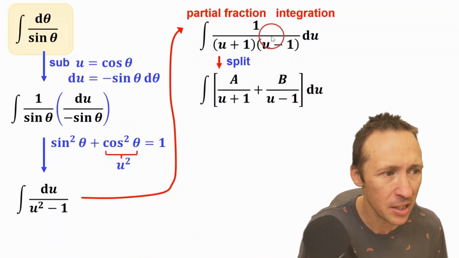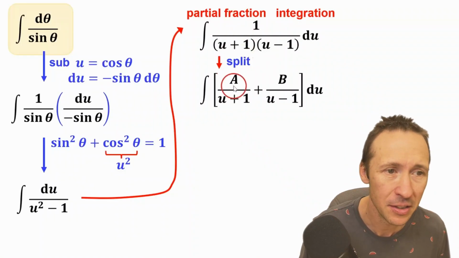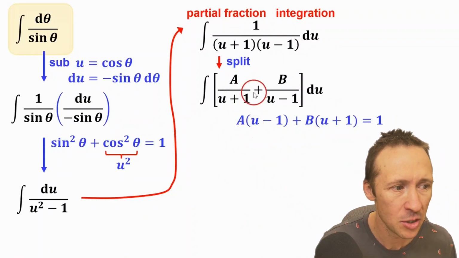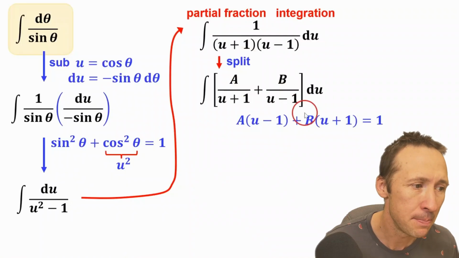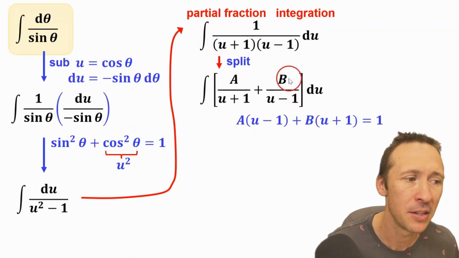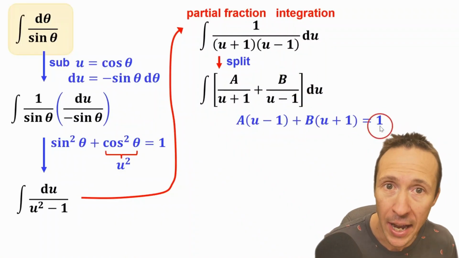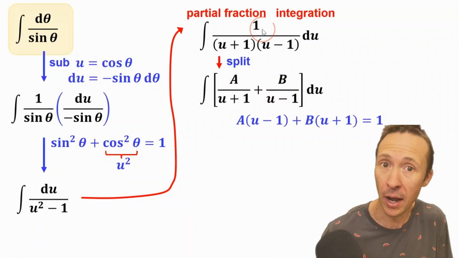So when we merge these together, the numerator becomes a times u minus 1, plus b times u plus 1. And all of that has to equal 1, because if we merge these 2 fractions together, the numerator is 1.